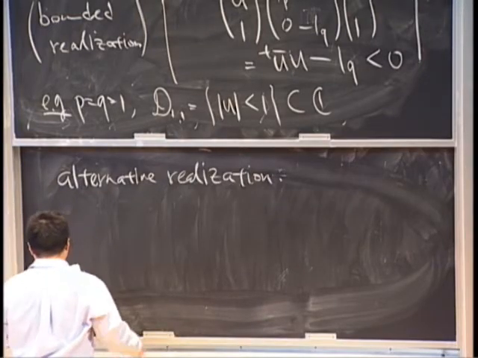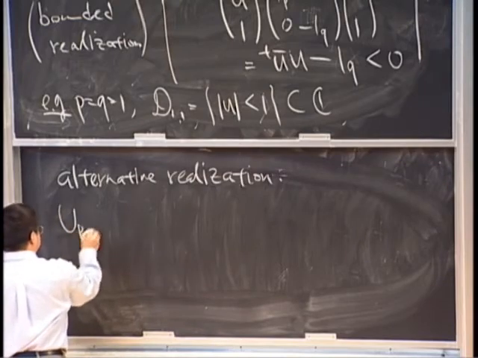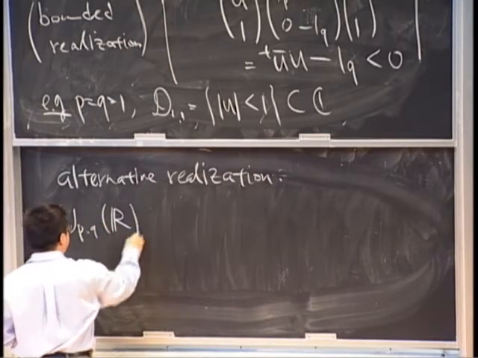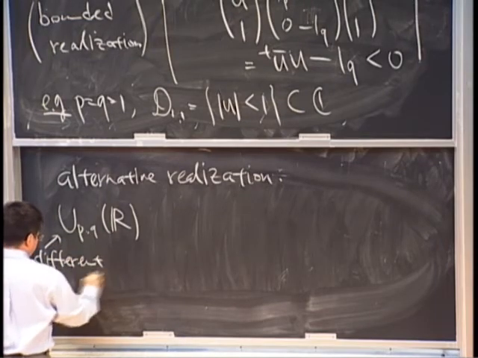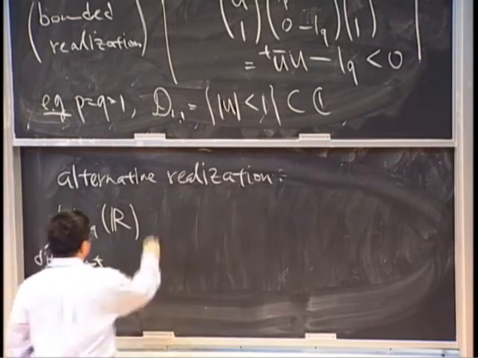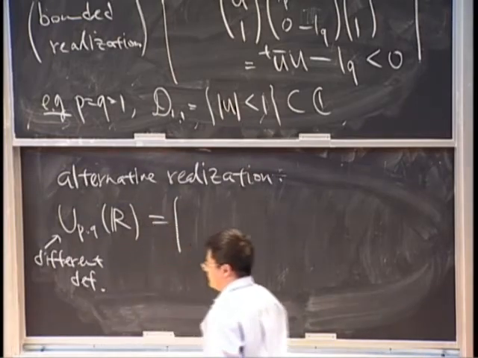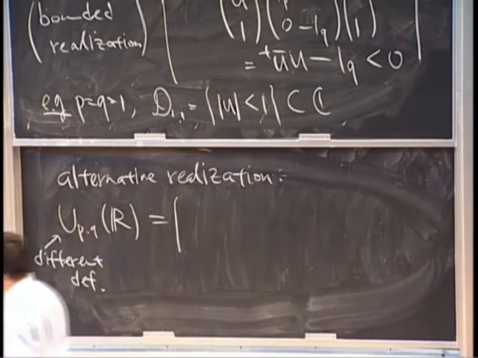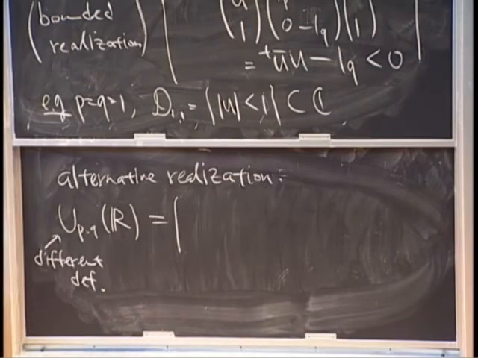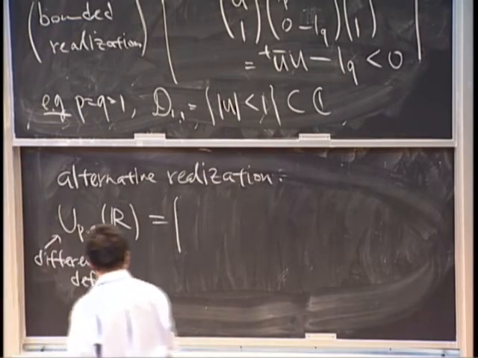So the other realization I'm going to talk about is, well, I'm abusing notation. I'm denoting it the same way, but it's now a different definition. In the end, it's all about preserving a slightly different pairing. But instead of using the Hermitian pairing here, I'm going to use a skew Hermitian pairing instead of the Hermitian one.